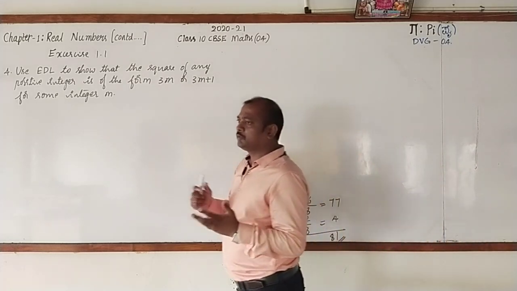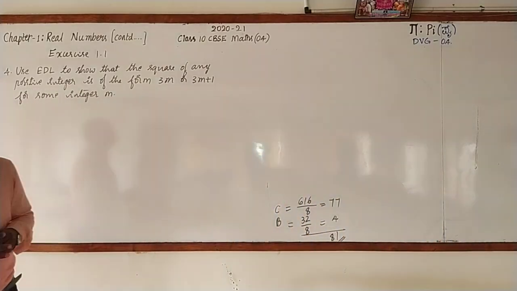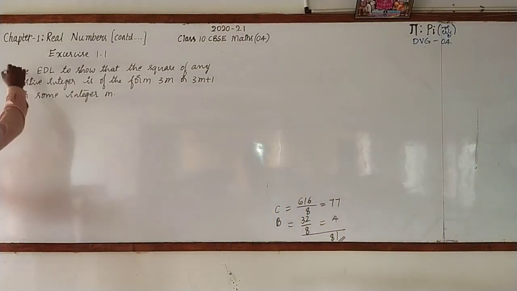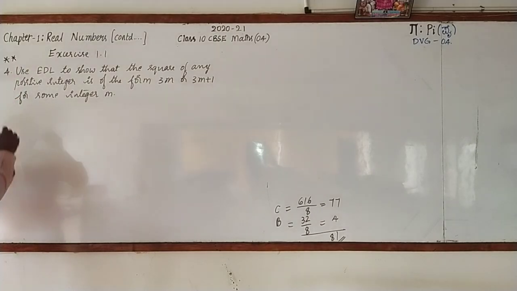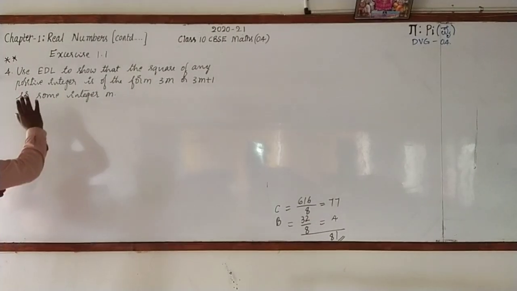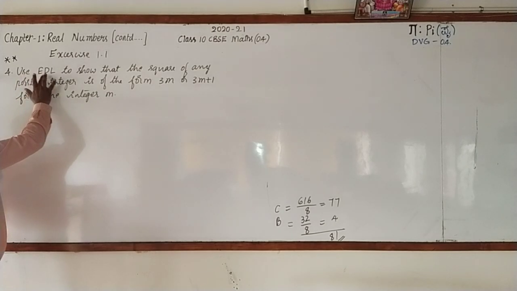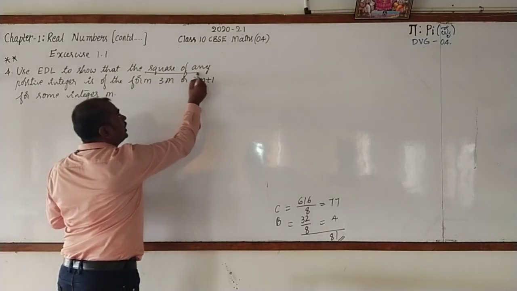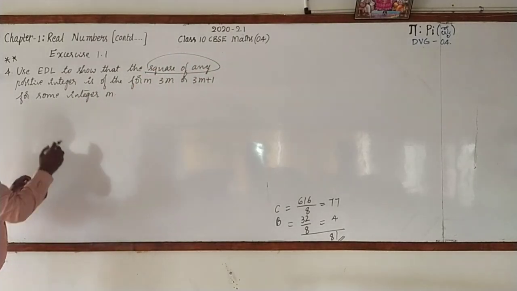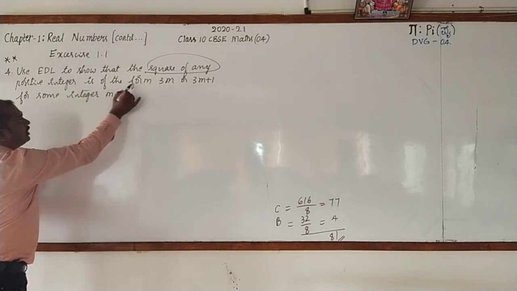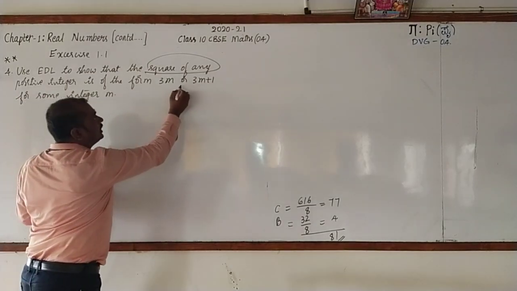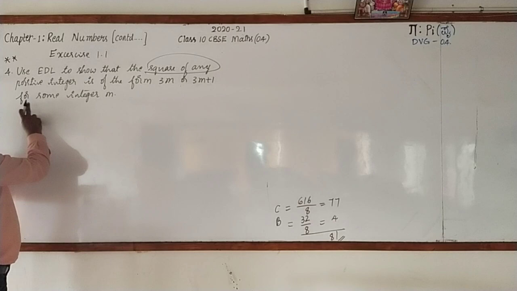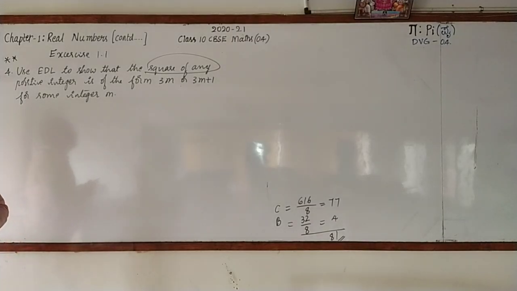Okay, now we are moving to another very important problem. Here I have written, please go through this. Here also don't copy, observe this. Use Euclid's division lemma to show that the square of any positive integer is of the form 3m or 3m plus 1 for some integer m.